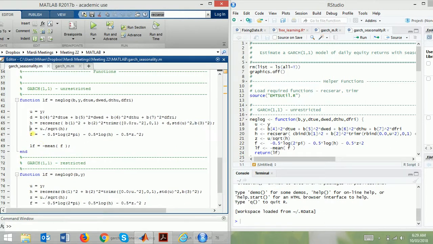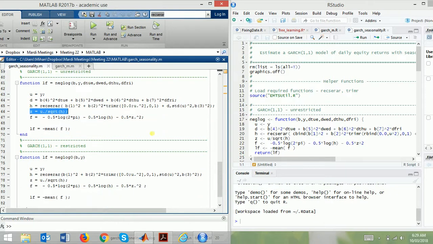And then z is simply u divided by the square root of h, which is standardization, and the log likelihood function is half log 2 pi, half log sigma squared, the variance itself, and z squared, u divided by the square root of h, whole squared. That's all, and that's fine.